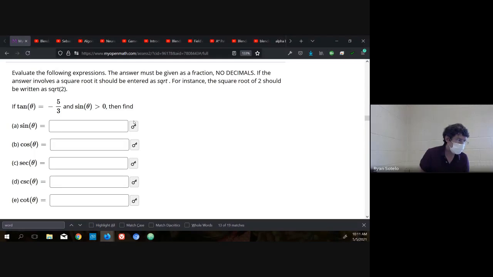Number 7. Okay, this one, I have a tangent, which should be opposite over adjacent. So let me draw a picture for you.